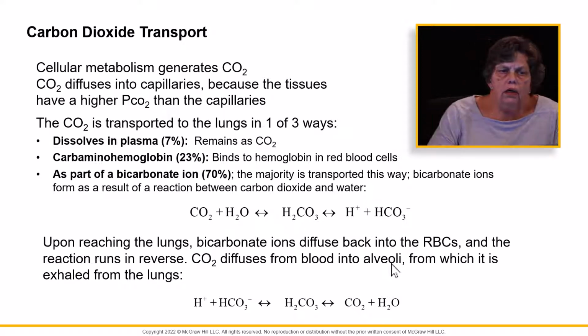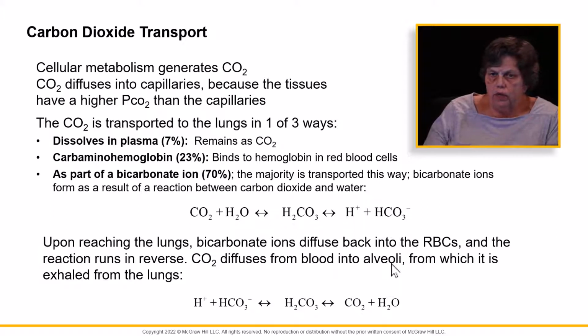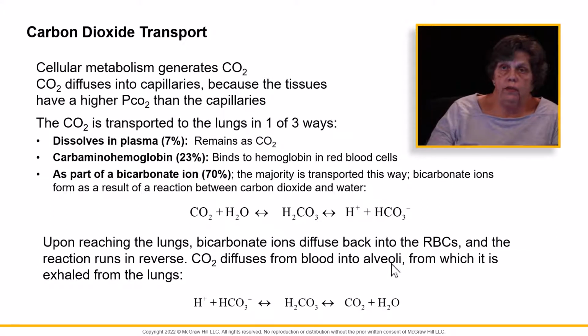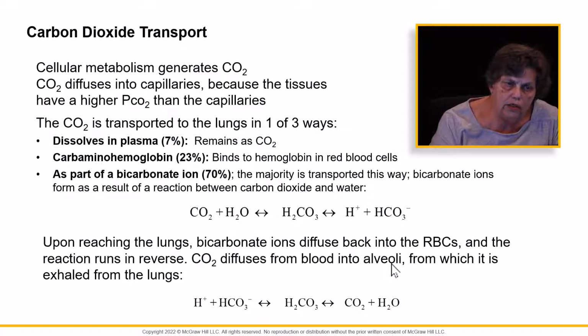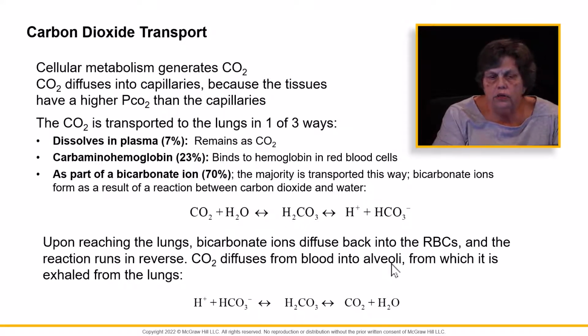CO2. As we do cellular metabolism, we'll talk about it, the byproducts, we make carbon dioxide and water. So the CO2 will diffuse into the capillaries because the tissue has a higher PCO2 than the capillaries. CO2 is transported in a few different ways.